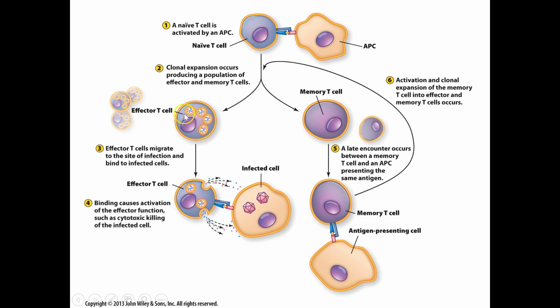So this is an effector T cell. Notice it's got vesicles inside of it that contain toxic substances. It says cytotoxic killing. So notice it's releasing these toxic substances on a cell that's infected with clearly what look like viruses. So if it's, say, any one of our cells, maybe a skin cell, which MHC would it have? 1 or 2? 1.